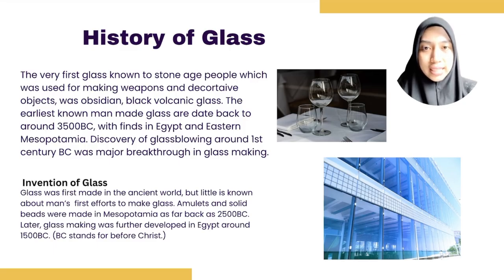Invention of glass. Glass was first made in the ancient world, but little is known about man's first efforts to make glass. Amulets and solid beads were made in Mesopotamia as far back as 2500 before Christ. Later, glass making was further developed in Egypt around 1500 before Christ.